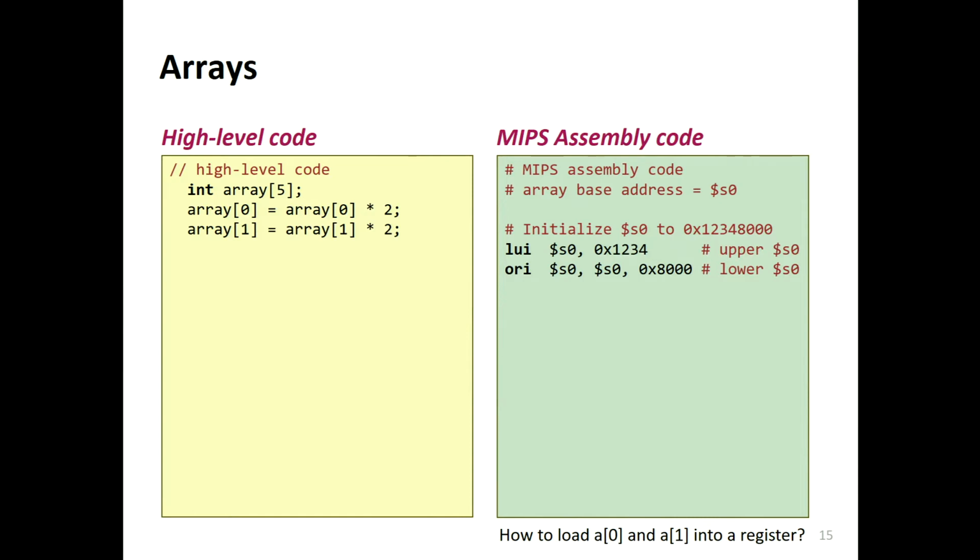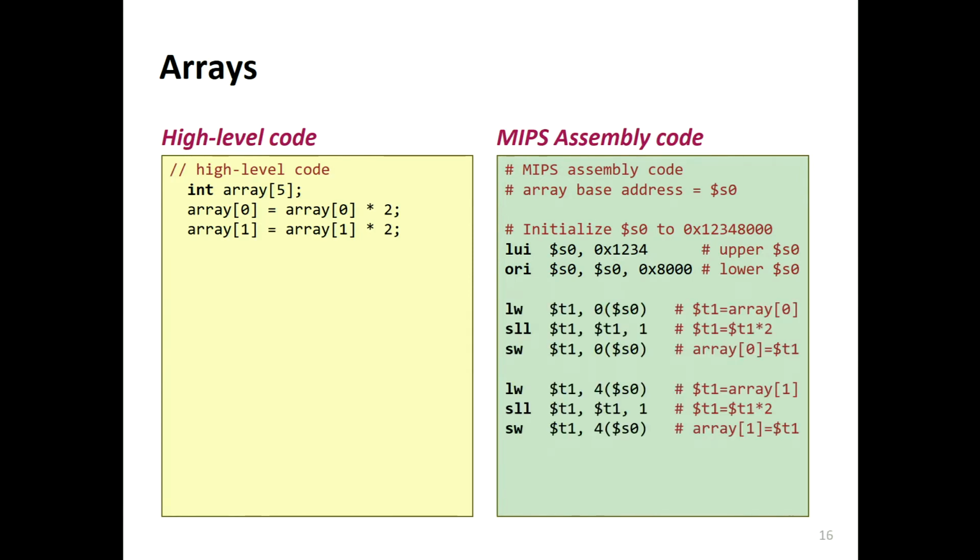After initializing it, now we have the base address from which we can access the array elements. The base address would be the memory address of the array, and we are going to load into the register T1 something from memory whose address is stored in the register S0, and the offset here is 0.